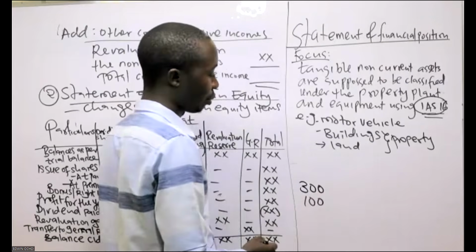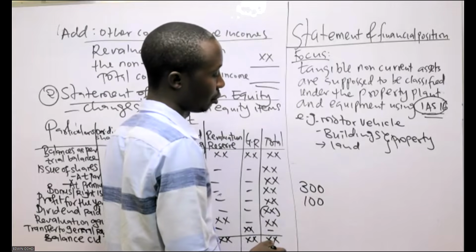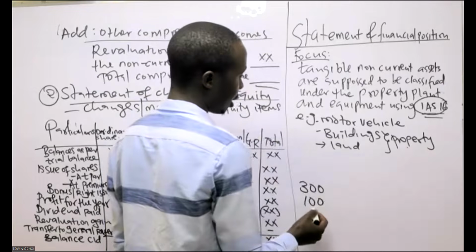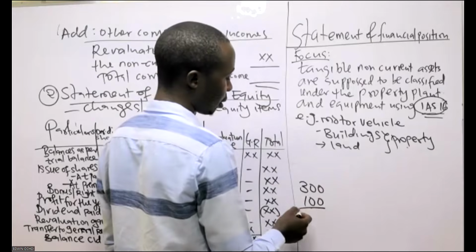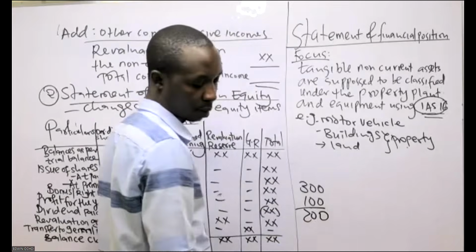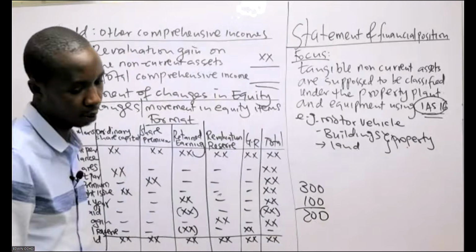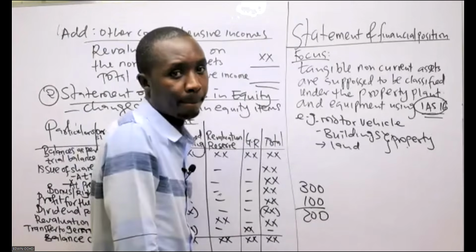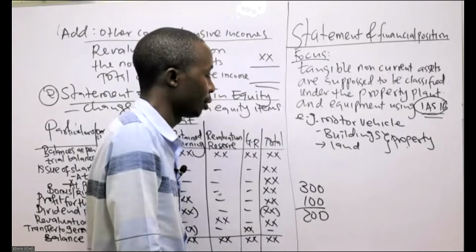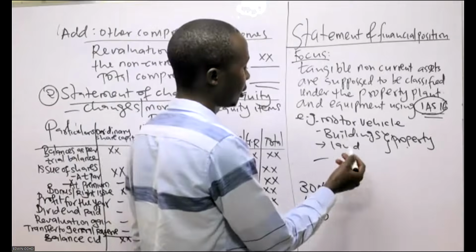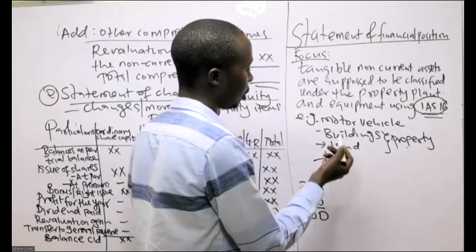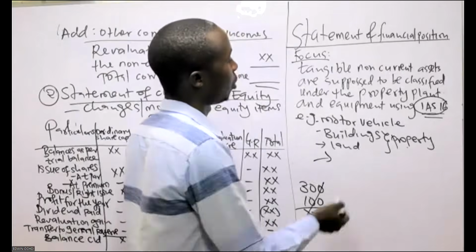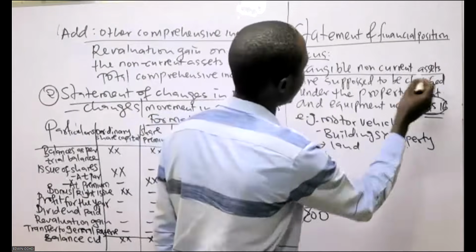So meaning that the balance of 200 is for what? The balance of 200 is for building. So you know others, like freehold; you know many other assets which can be put under these, the tangible non-current assets.